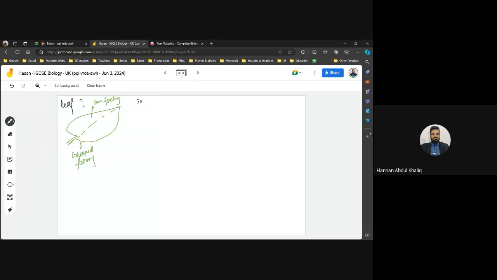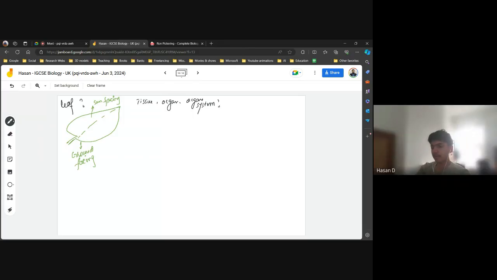Okay, now what is the leaf, by the way? Is the leaf a tissue, an organ, or maybe an organ system? What is the leaf? I don't think it's a tissue.